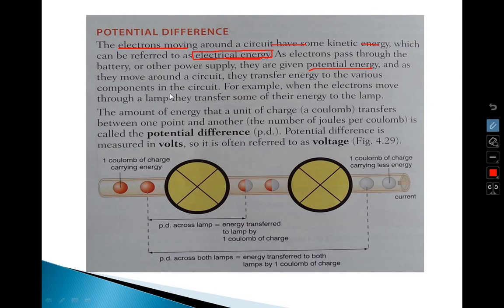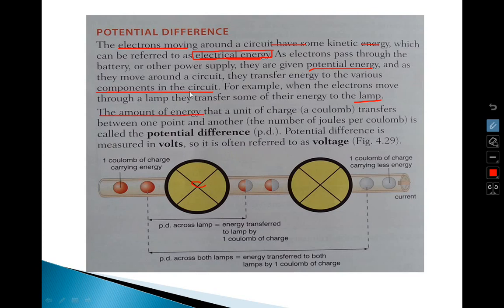For example, when electrons move through a lamp, they transfer some of their energy to the lamp. So there is some energy from the electrons that they transfer to the lamp, so the lamp is lighting.